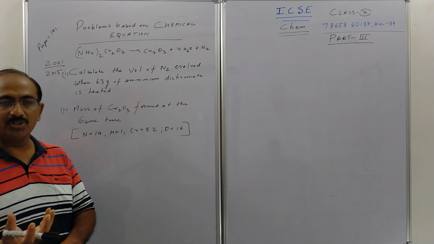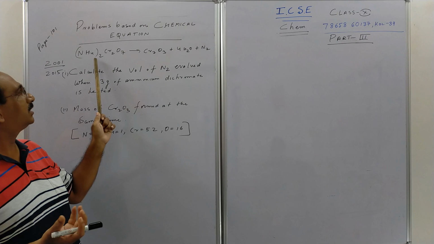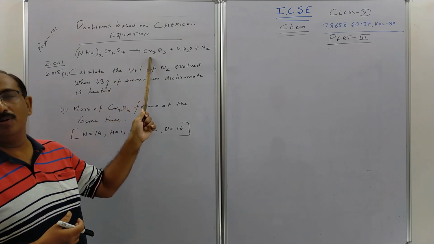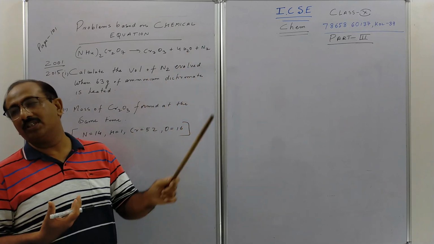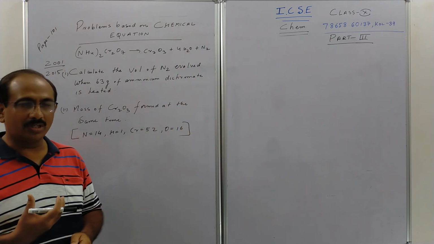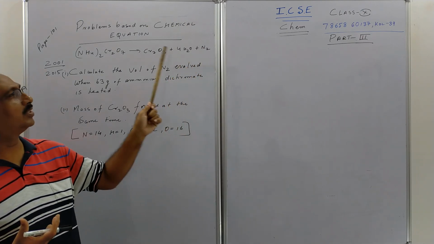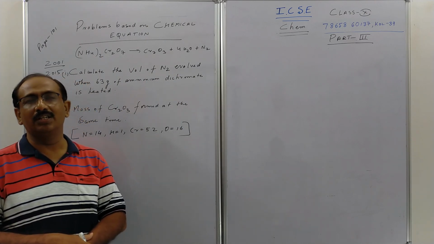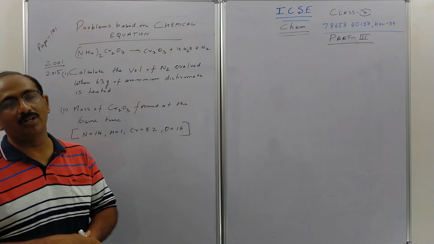It is like an artificial volcano, very nicely you will see it burns like a volcano, and you get a green fluffy powder called chromic oxide. Water and nitrogen definitely come out, but water is in the form of vapor, it's quite hot, so it is lost to the atmosphere. Very beautiful reaction. Generally in science exhibitions, children, we use this as an artificial volcano.